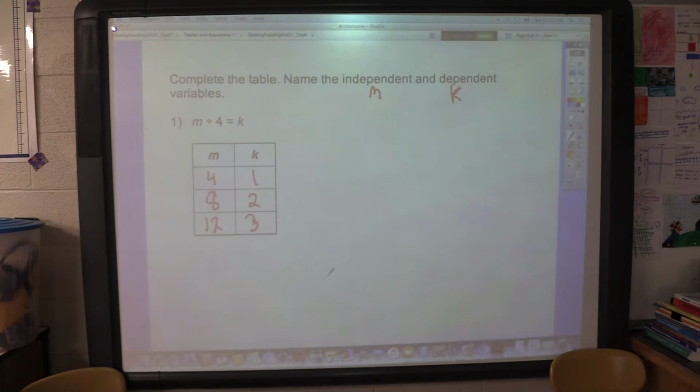Now, one of the things I want to point out, while we're talking about a relationship here, this certainly is a direct relationship. Anytime m goes up in value, the value of k also goes up. So this is a direct relationship. And once again, the math practice that I would associate with this would be number 4, make a math model.